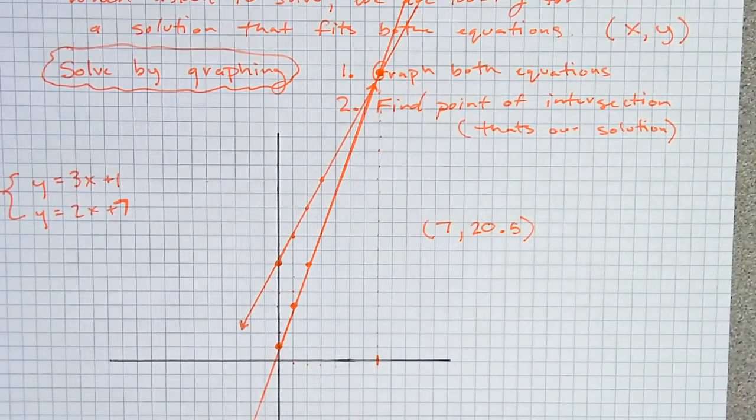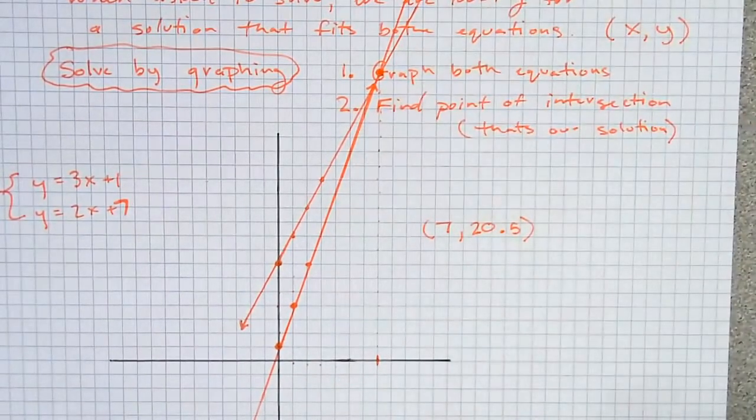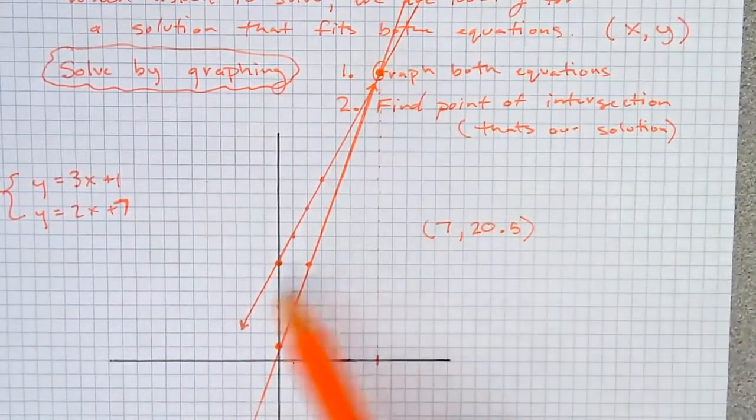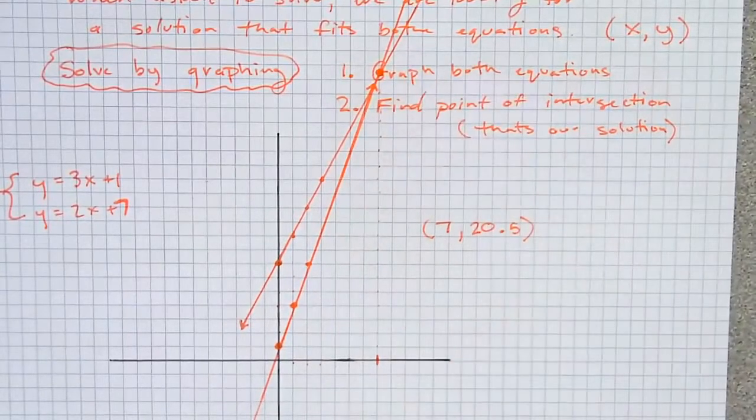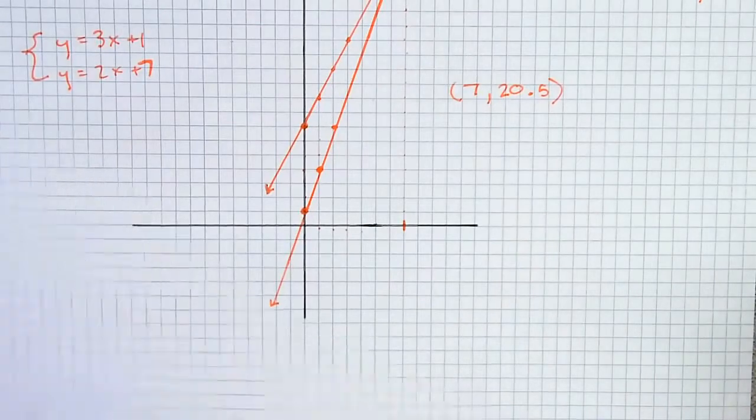Now I might have missed, my line might not have been straight enough. A whole bunch of different issues. Normally we wouldn't give you one that would intersect way up here. Let me try one on this next page. That'll be a little easier.